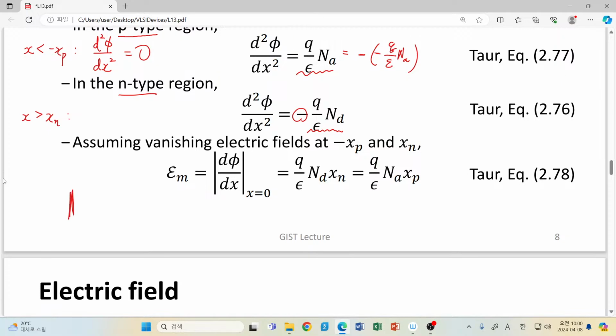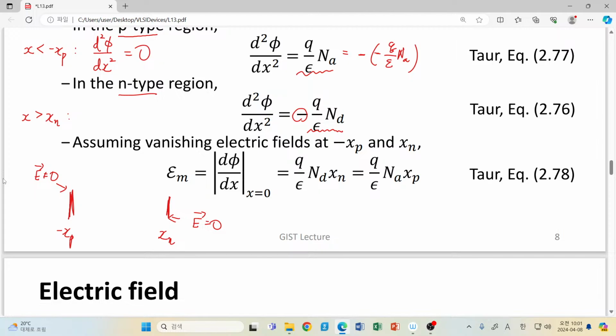Yes, now we assume this kind of thing. There is minus xp, the end of our depletion region, and let's say that here we have xn, the edge of our depletion region. Now let's assume that at this point we have a non-zero electric field.